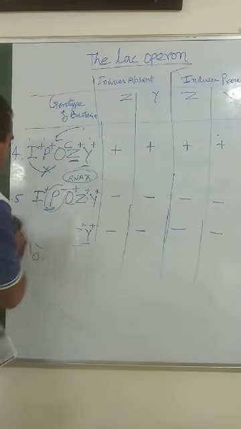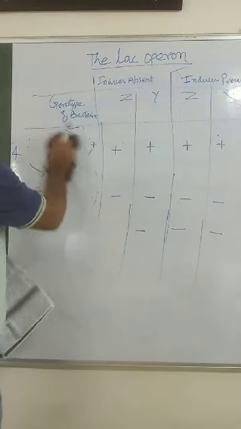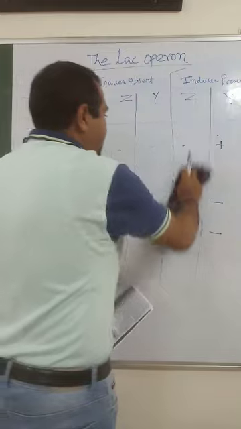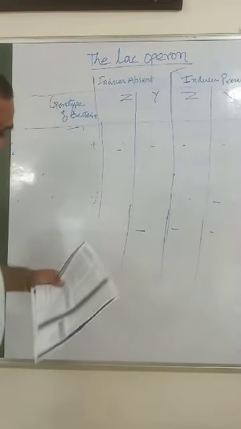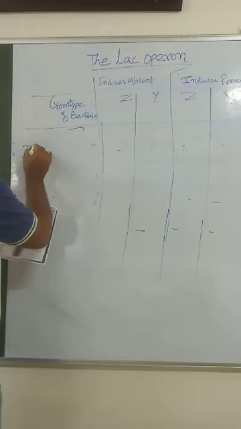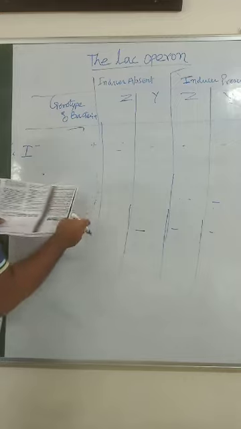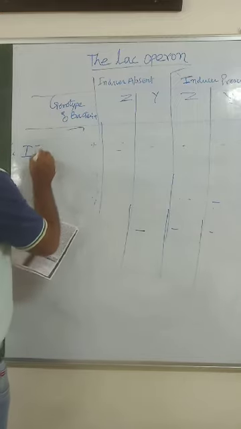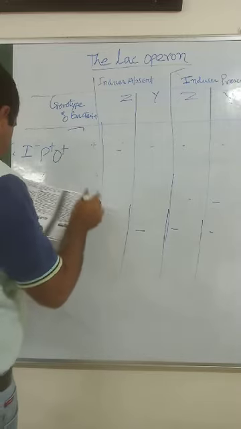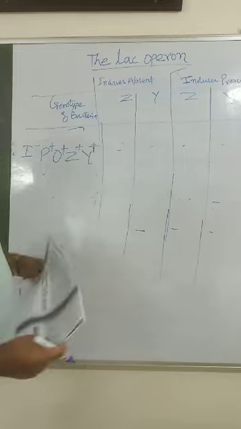And now the seventh condition is when the regulator gene is normal, as represented in other gene cases, normal promoter, normal operator, normal structural genes.